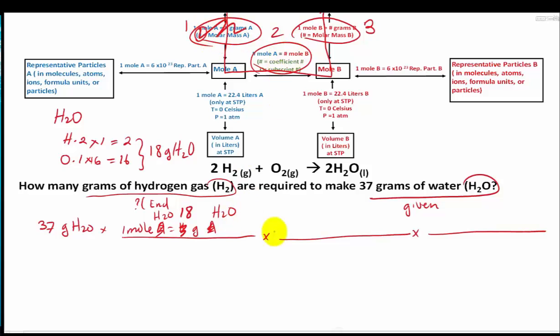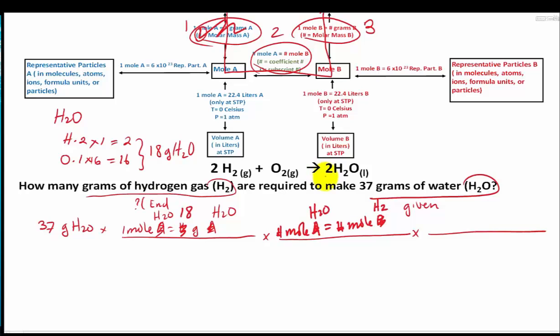We are moving on to the next one, which is the number of moles of A equal to the number of moles of B. So in this case, our A is water again, so it's going to be H2O. And our B is going to be the element that we are looking for, in this case hydrogen. So how many moles of water do we have in this ratio?